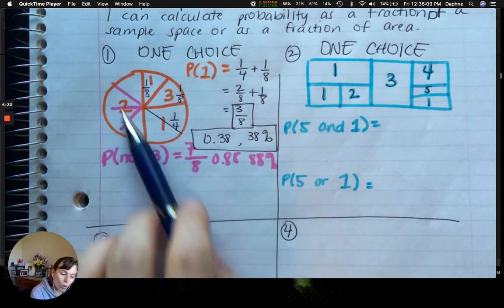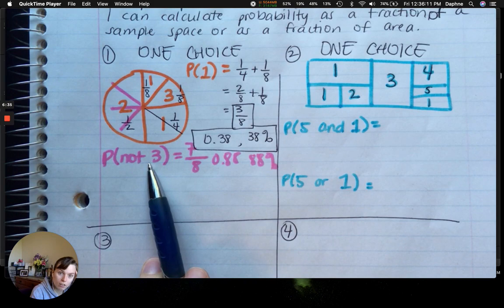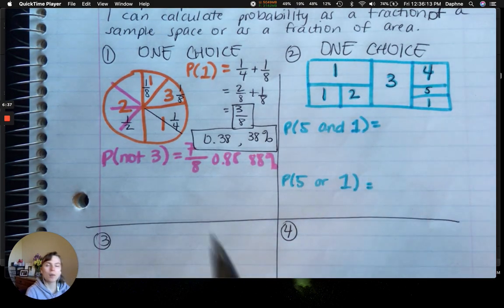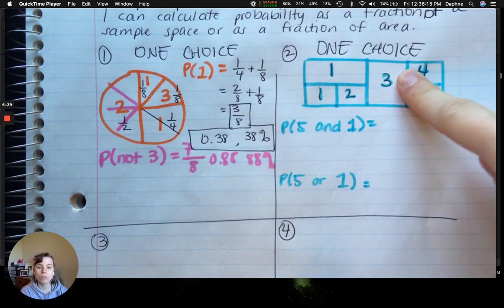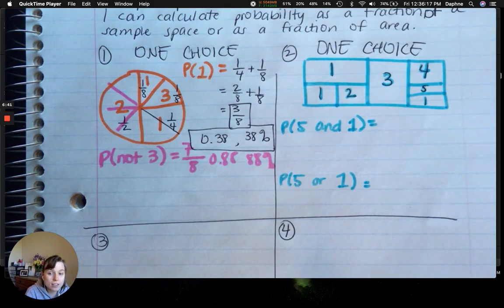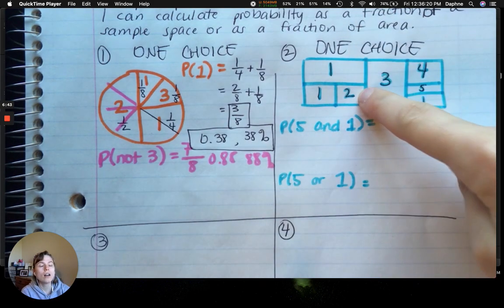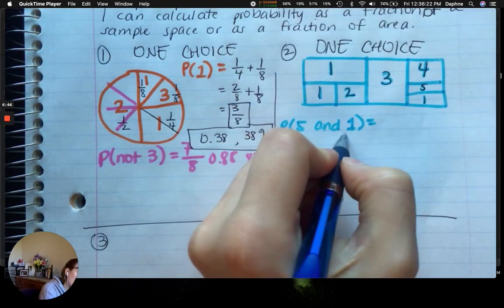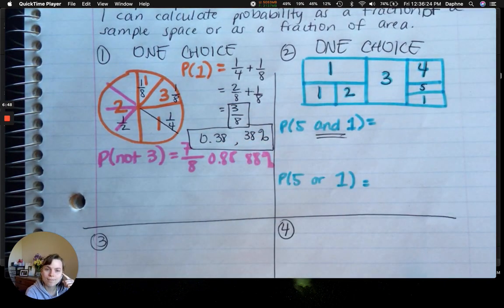What's the chance that one spin lands on a not 3? So on here, if I blindly pick a point, what's the chance that this one choice lands on a 5 and a 1?